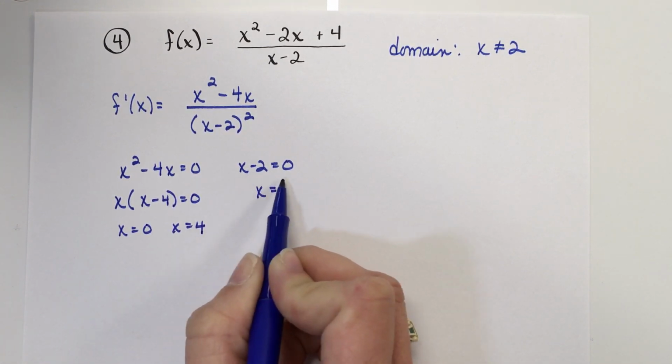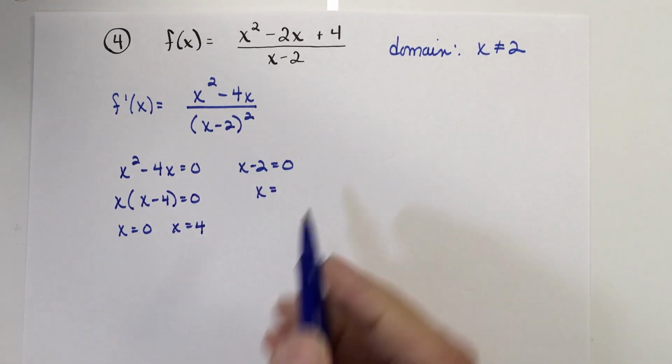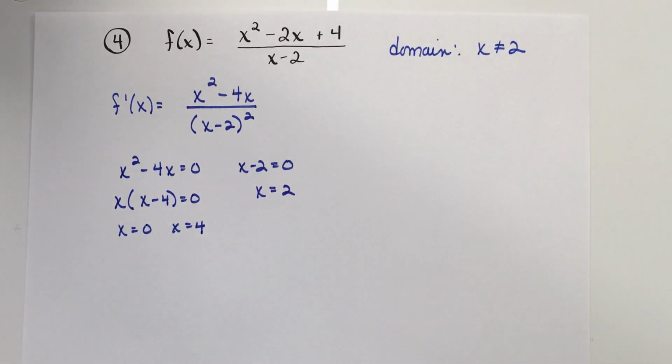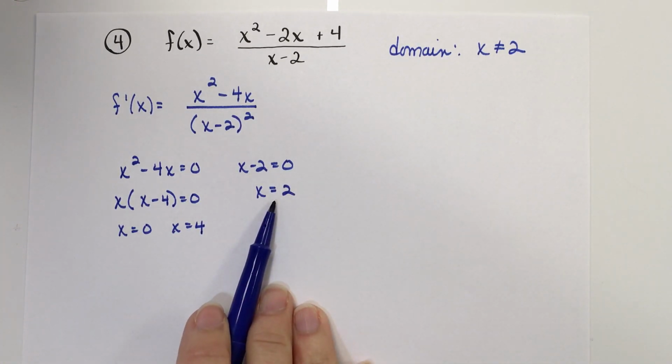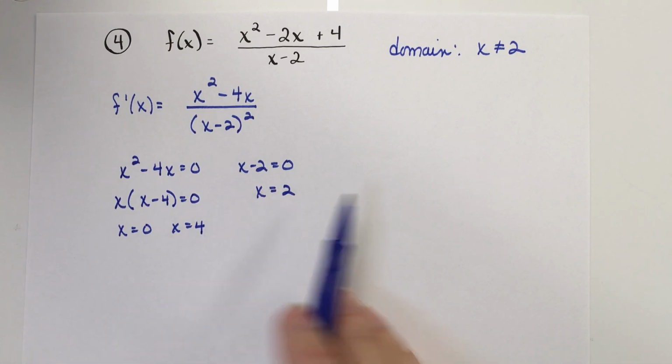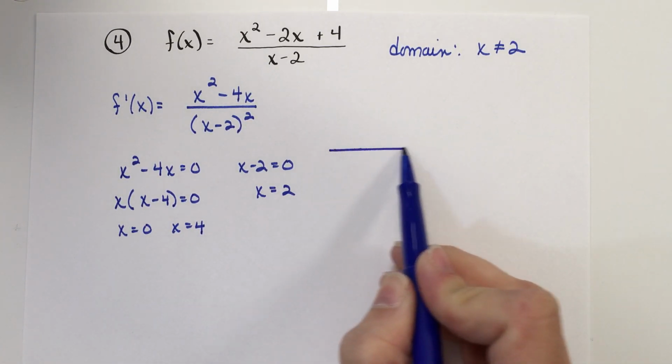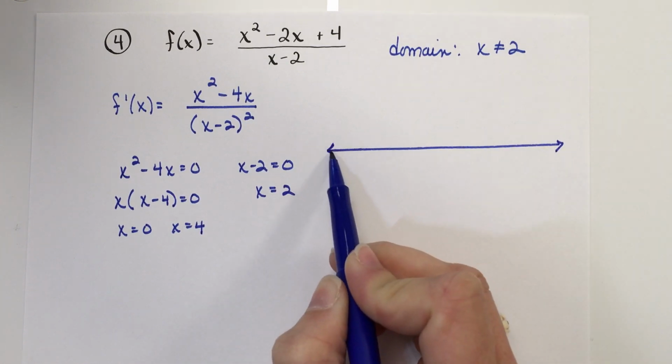And then solving your expression from your denominator is going to give you x equals 2. Now, if you remember, 2 is what we excluded from the domain. So, technically, by definition, that's not actually a critical number, but we still use that whenever we do our sign graph. So this time I'll have 3 numbers that I need to put on my sign graph.